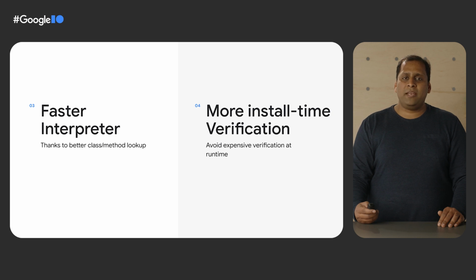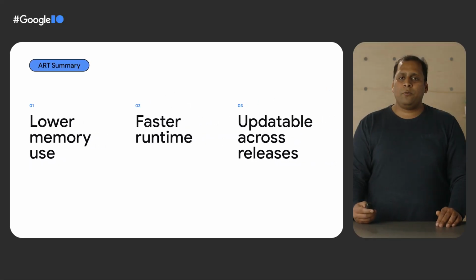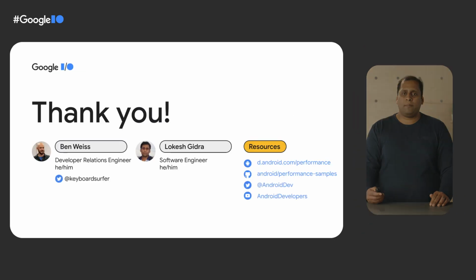This is especially beneficial during app startup, where lots of code gets loaded and the VM needs to make sure it is all valid. To summarize, ART is lighter on the memory, faster on the CPU, and updatable on the device. And all the ART improvements that I talked about will arrive on every Android 12 device, irrespective of whether the user upgrades the Android release or not.